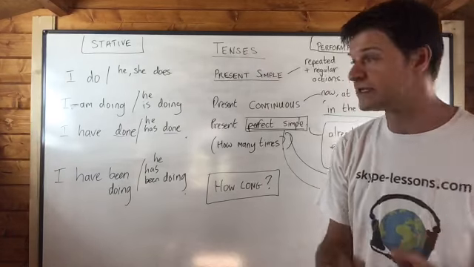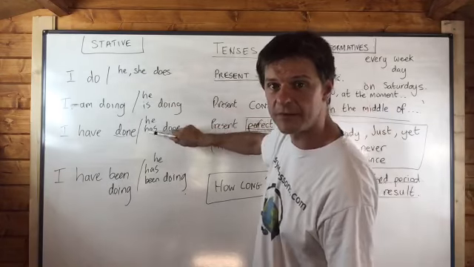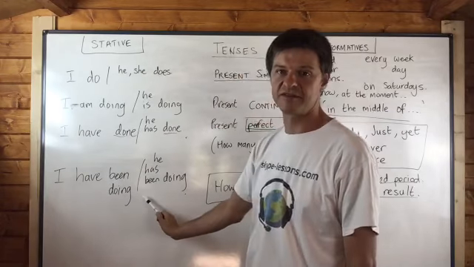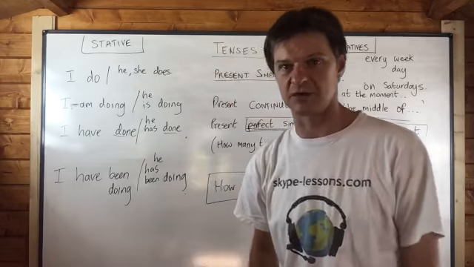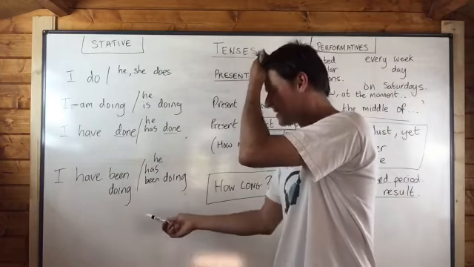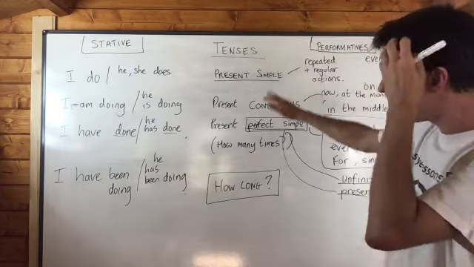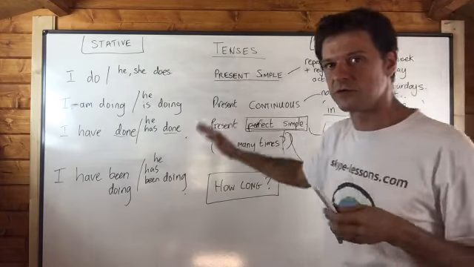Another important point is that there's a passive form here, there's a passive form here, there's a passive form here, but there is no passive form for perfect continuous. Okay, it doesn't exist. There is no passive form for perfect continuous. So that's something else that's worth noting. Now, I hope that makes it clear, most of those 4 tenses.